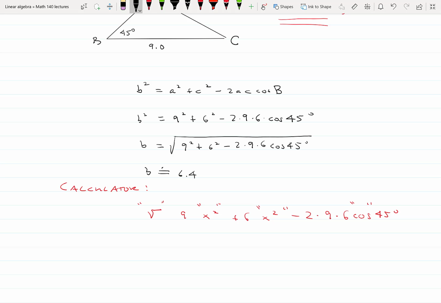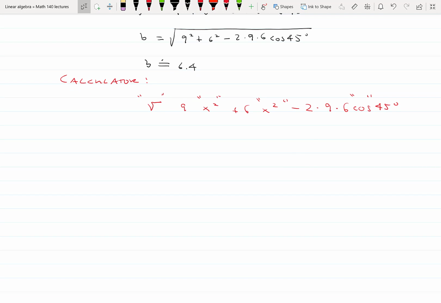So we're stuck with the law of cosines. So let's hunt for the angle C. To hunt for the angle C, I'm going to start with the law of cosines. It starts with small c. So c squared equals a squared plus b squared minus 2ab times the cosine of c. And I'm going to solve this equation for the cosine of c.